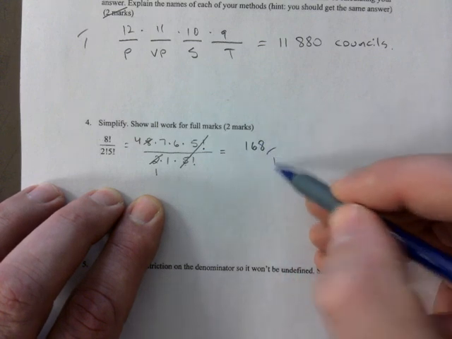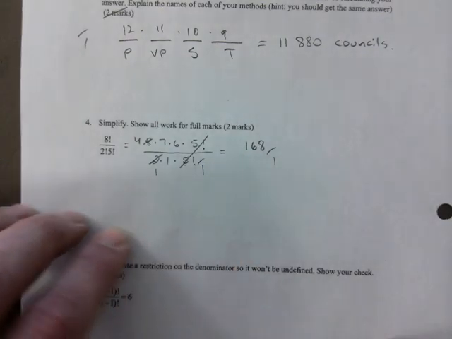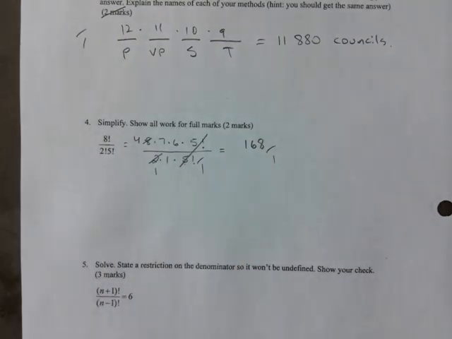So 1 mark, 1 mark. I simplified it by turning 8 factorial into actually 8 factorial, and then 2 factorial times 5 factorial, which is 240, and I wrote out the answer 40,620 divided by 240 equals 160.